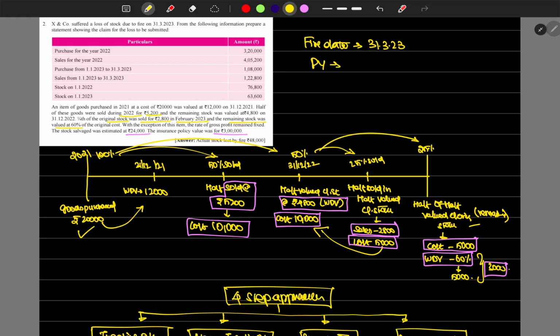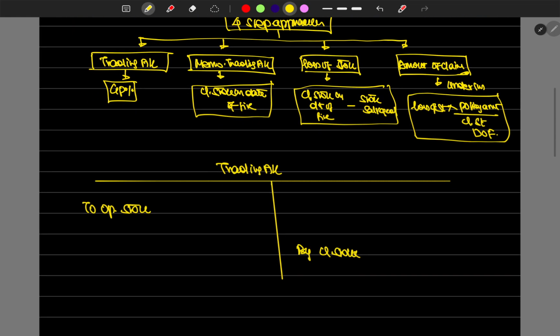Previous year is 1/1/21 to 31/12/2021. Okay, sorry, 2022. So we are preparing the trading account for the period 1/1/2022 to 31/12/2022. Okay, set.